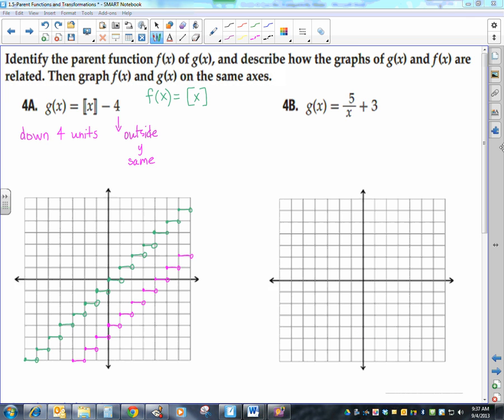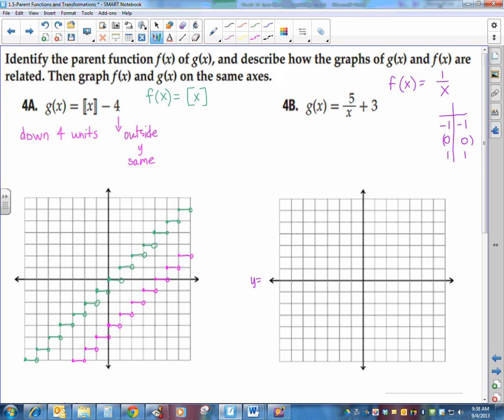Okay, look at our next example. g of x equals 5 over x plus 3. So hopefully you can see that our parent function f of x is 1 over x. Okay, and my key points on that graph, negative 1, 0, 1, and 0, 0 is where my asymptotes intersect.